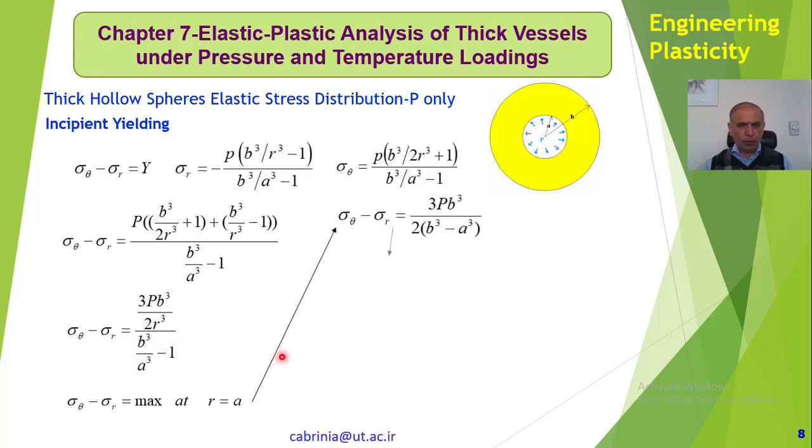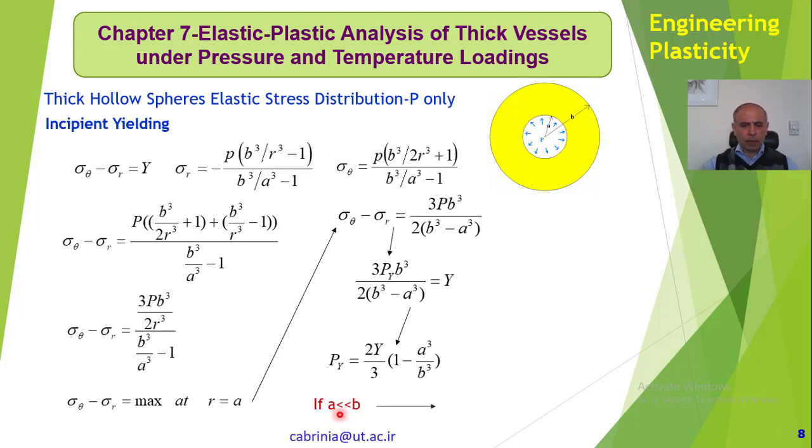Therefore, if we put here r equal to a, sigma theta minus sigma r becomes maximum equal to Y, and we get this relationship. Note that here I have put P equal to Py, because for the incipient yielding, the first yield, the pressure reaches a certain value, which is Py, and so Py becomes equal to that if we simplify this relationship.